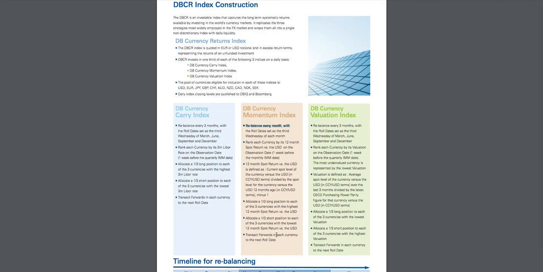By matching them together, you're taking the strongest and the weakest for the year, putting them together, and you're betting the trend will continue on those currencies. So it takes 33% allocation to each of the currencies.